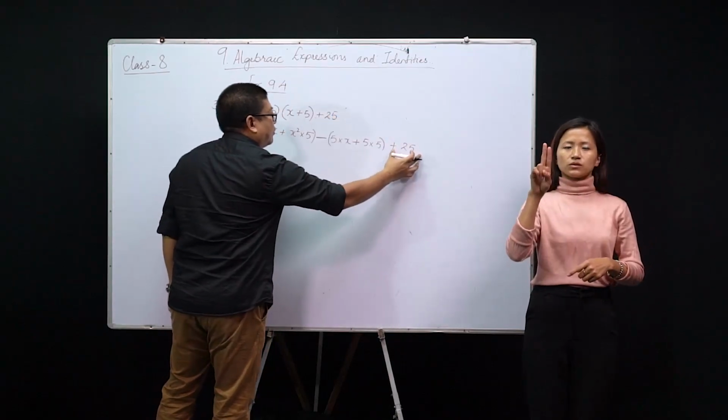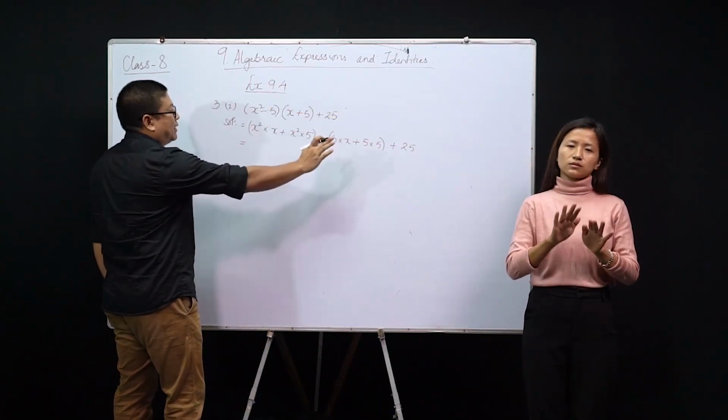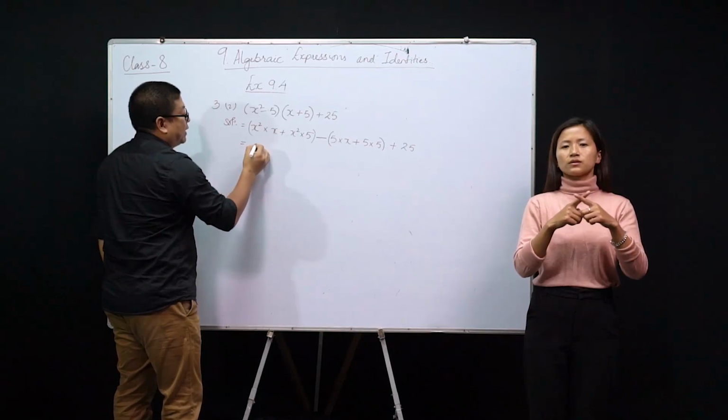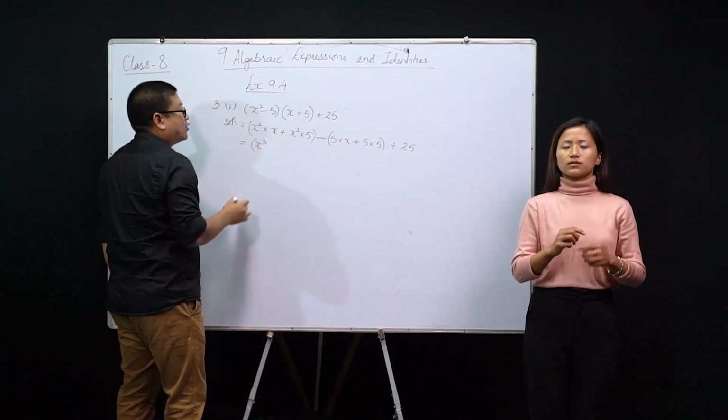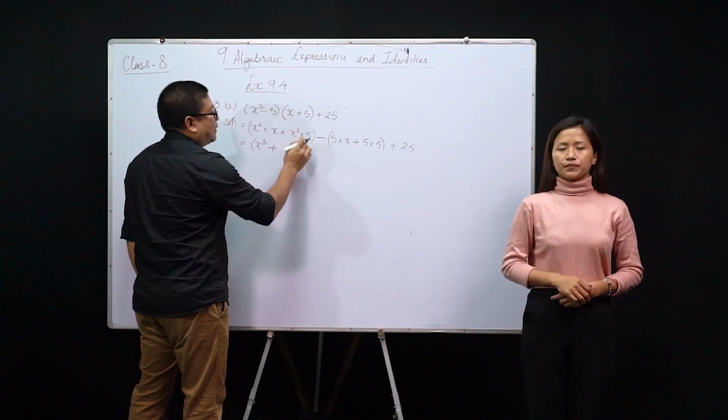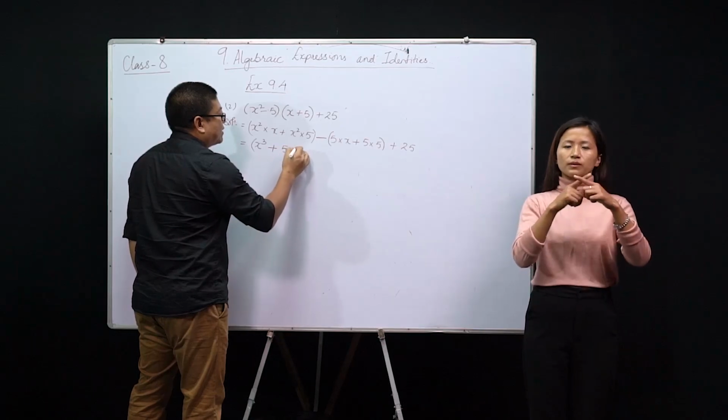This plus 25 will be as it is. Simple multiplication, 2x here, 1x here, so it will become 3x, that means x to the power 3, plus, when you multiply these two, you get 5x to the power 2.